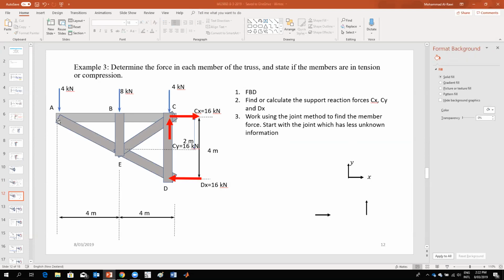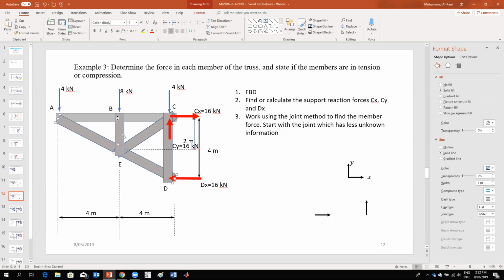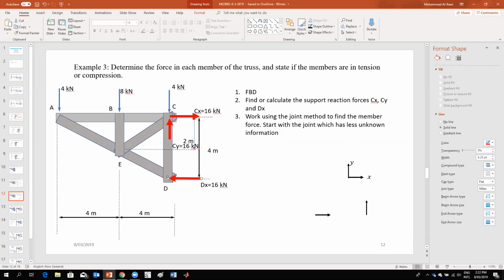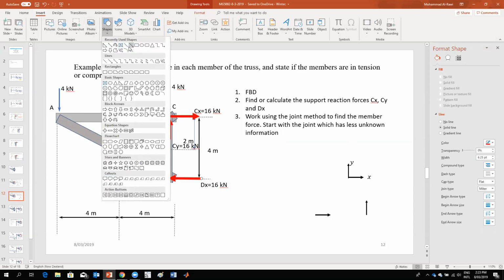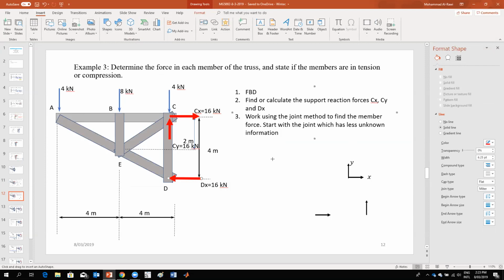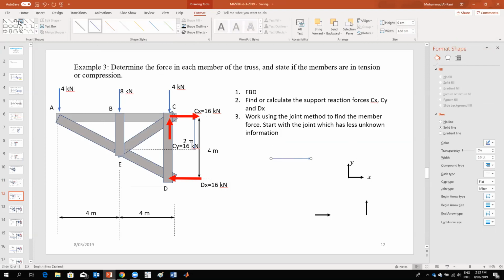If we look at the joints, there is a joint A, a joint B, a joint C, a joint E, and a joint D. So we have 1, 2, 3, 4, 5 joints. Let's start with joint A. Let's say this is joint A. What you need to do is sketch the joint. This is a force coming from the member AB.